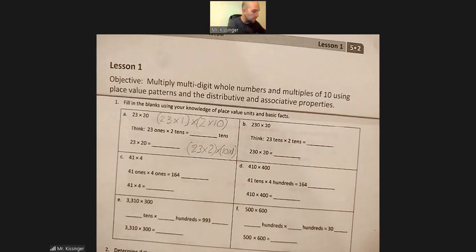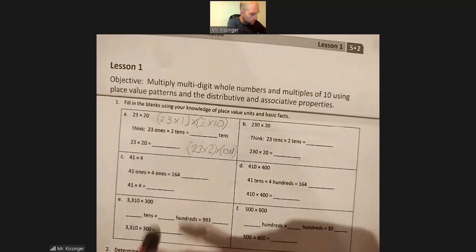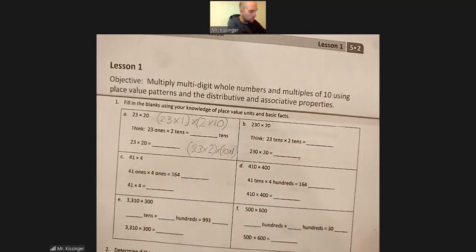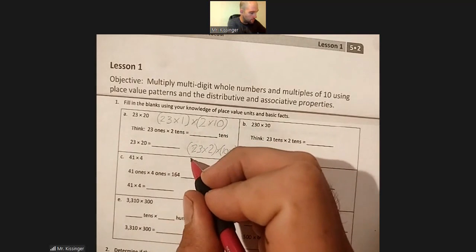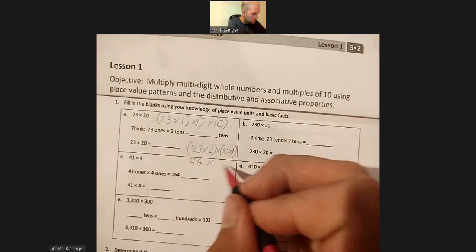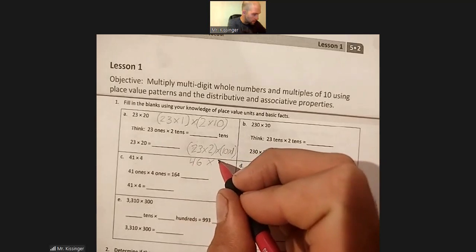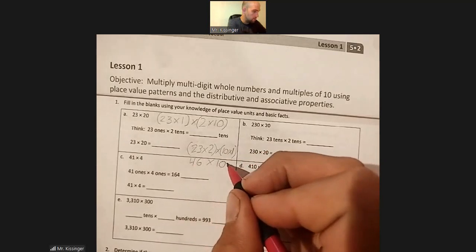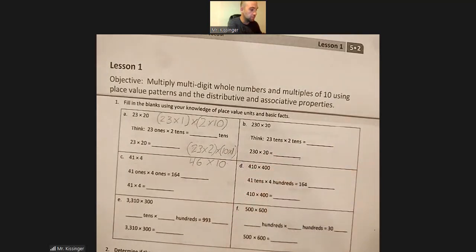So 23 times 2, we will get 46 times 10 times 1, which is just 10.